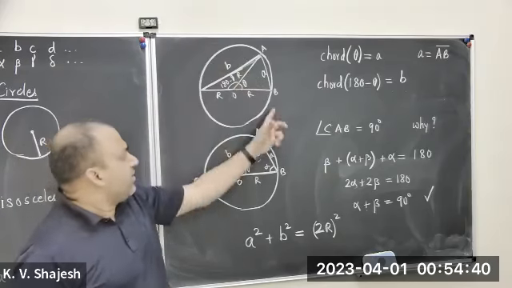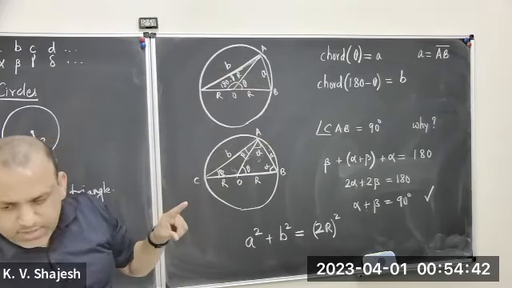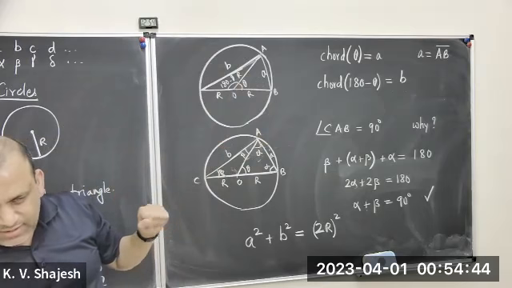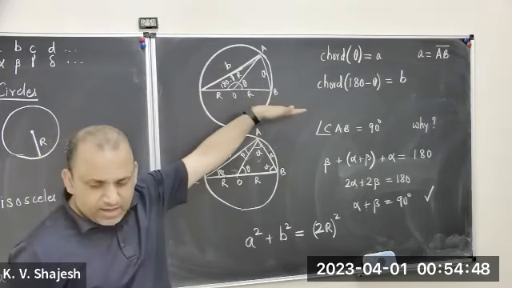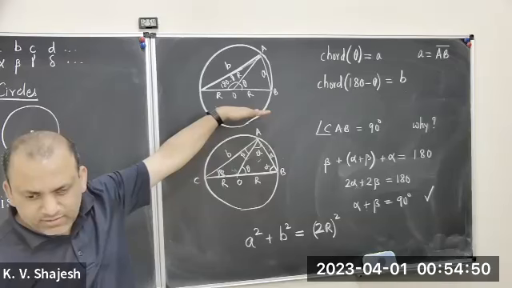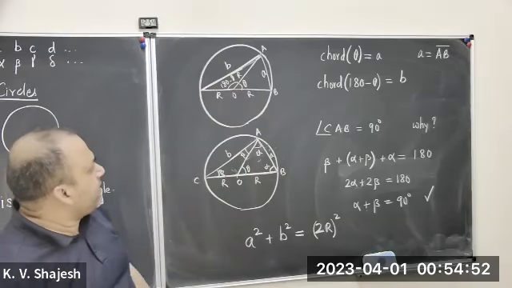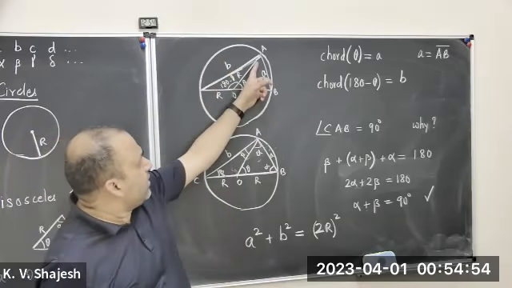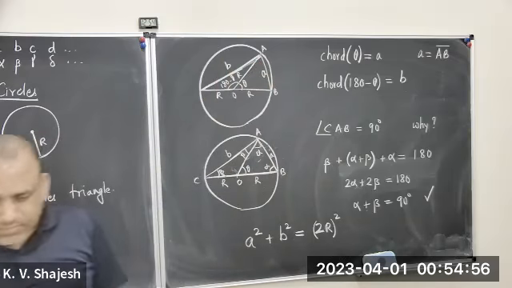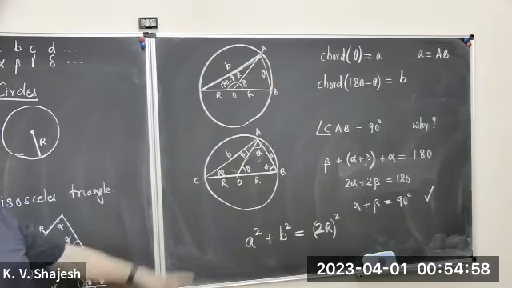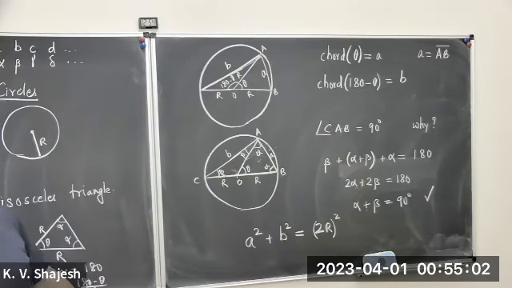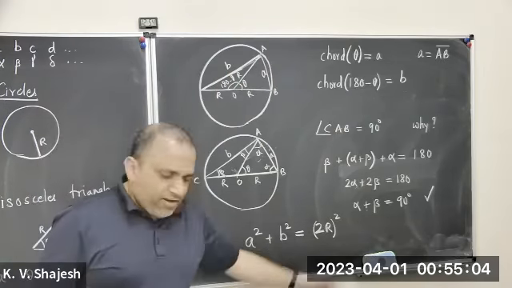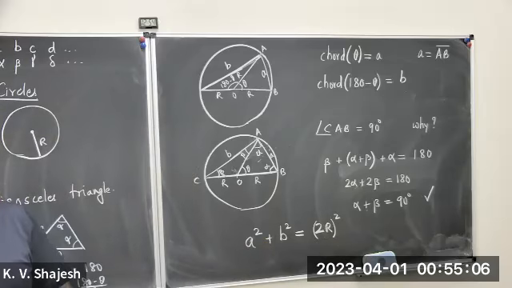I have a circle, and I inscribe a triangle in such a way that one of the sides is a diameter. If that one side is a diameter, then the angle it subtends has to be 90 degrees, using this very simple idea. And once that is 90 degrees, Pythagoras theorem tells us that a square plus b square is equal to (2r) squared.